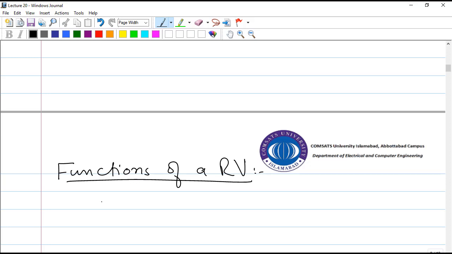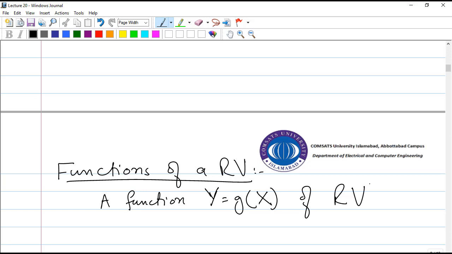So sometimes a function y is equal to g of x of random variable x is another random variable.